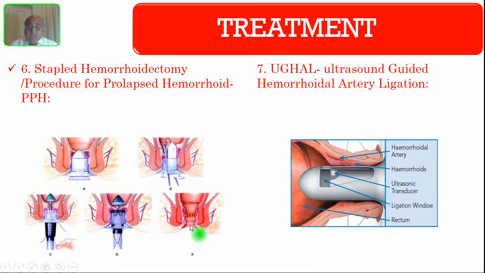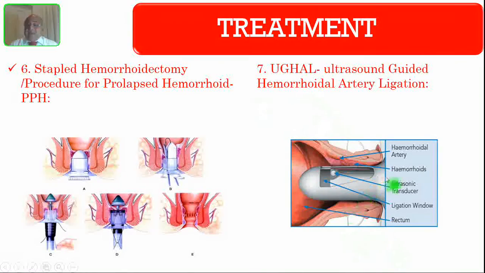So the prolapsed hemorrhoids will go into its normal anatomical position, and this stapler will make a circular cut, and then the anastomosis also will be there. You can see that staple line. The only precaution is when you are taking this pursing suture, you should not take a deep bite. This is also a painless procedure. This is what is gaining popularity nowadays.